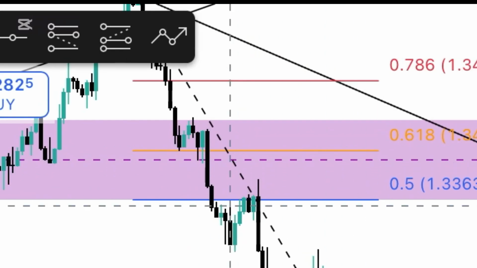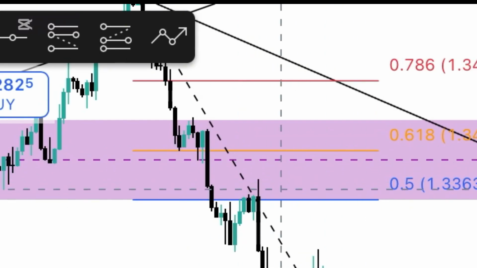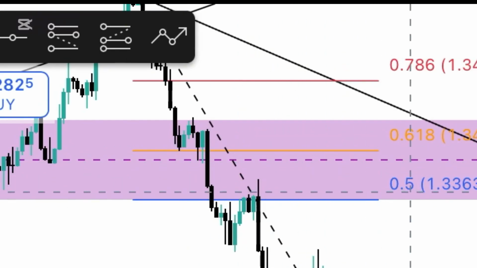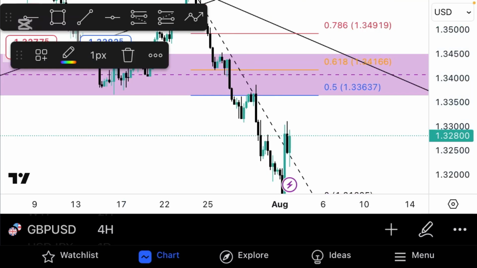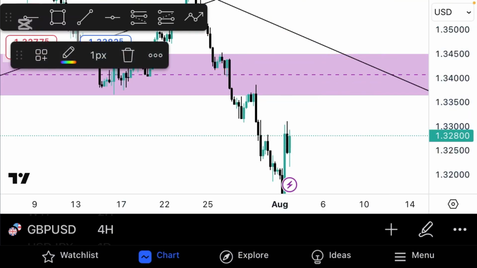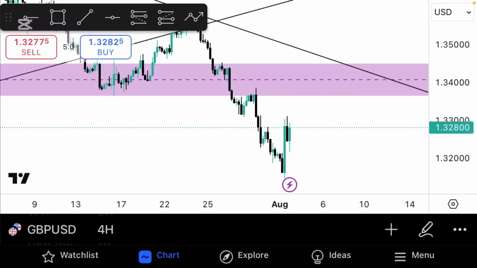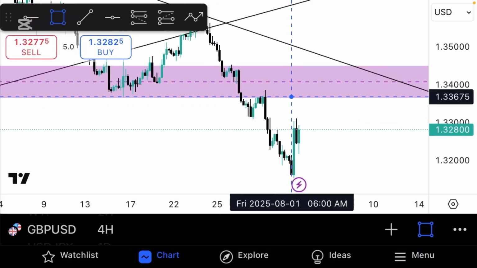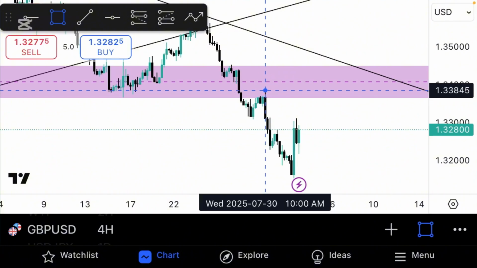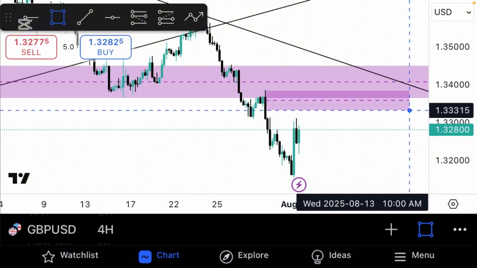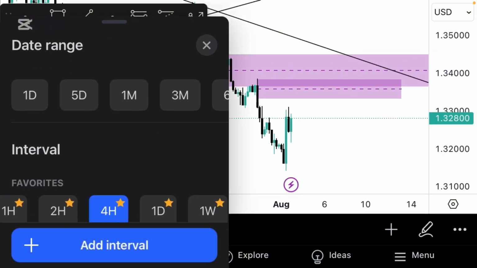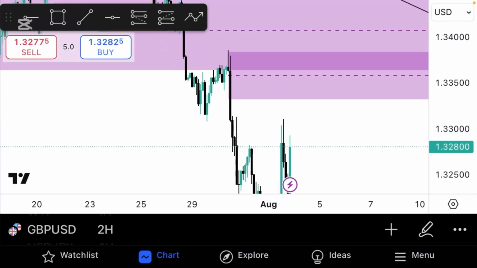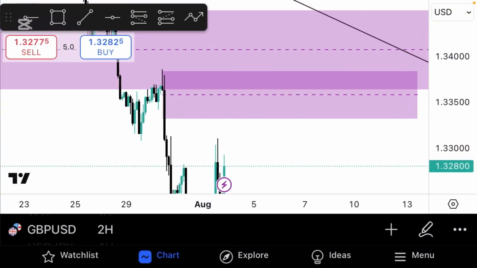So when price gets to this point, we are going to be looking at candlestick behavior to go short. Going further for more confluences on this particular zone, you can see that we have a supply zone at this point on the 4 hour time frame. If we step down to the 2 hour or hourly time frame, you can see that the supply zone is very significant.